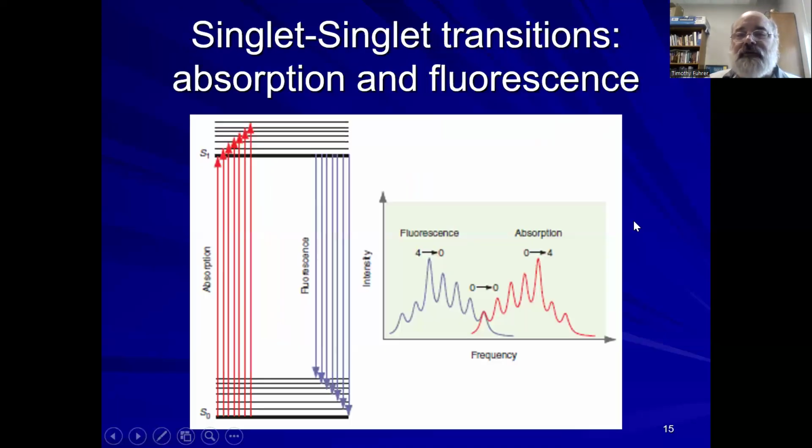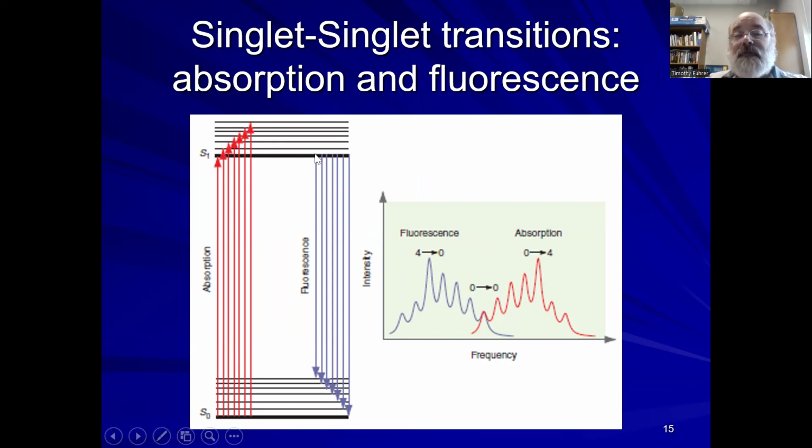And so we've got just a few more ways of drawing this out. Absorption is going to be either from electronic ground vibration to excited electronic ground vibration, or to some excited vibration. So it's always going to be greater than or equal to the least possible value.